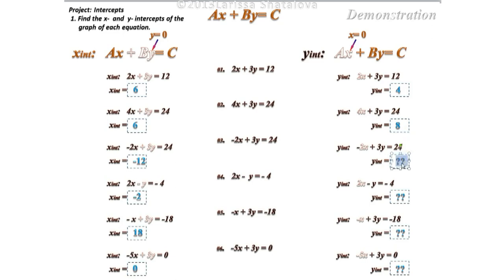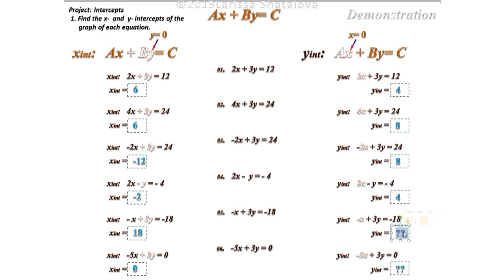3y is 24. So divided by 3, the y-intercept is 8. And here is negative 1y is negative 4. Divided by negative 1 both sides. Negative divided by negative gives us positive 4. Or just 4.